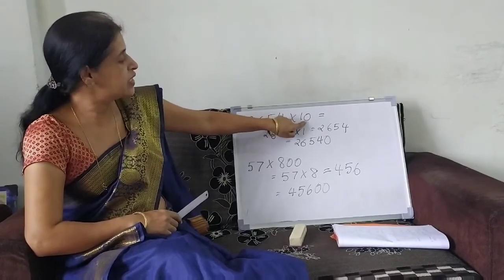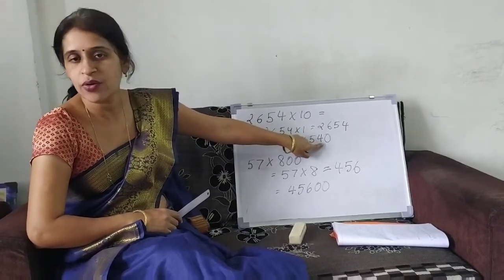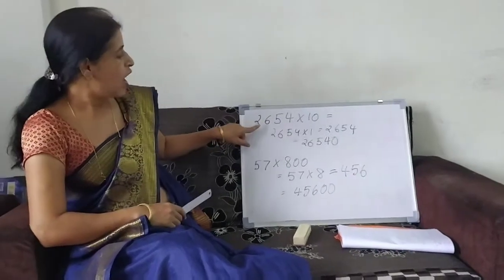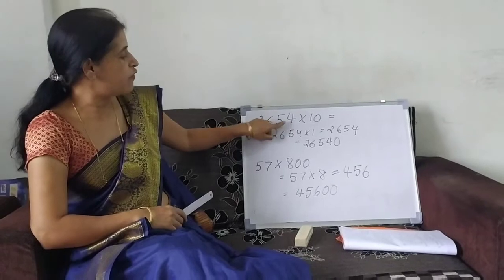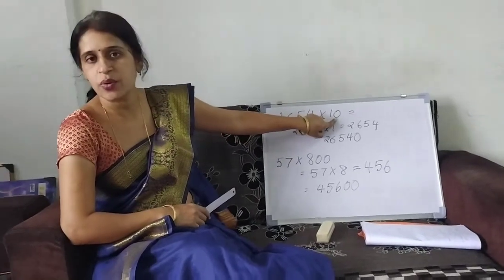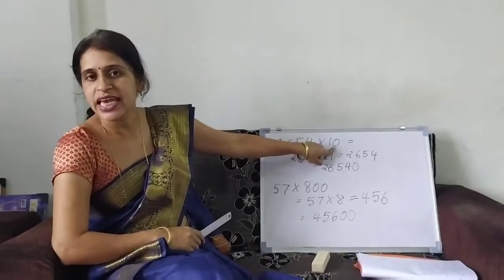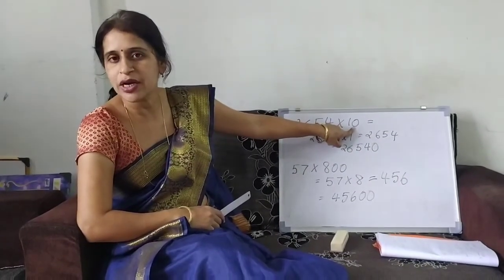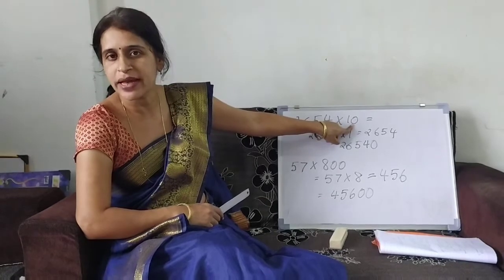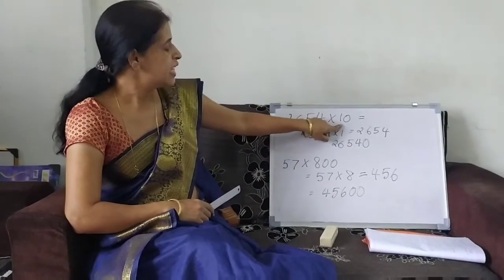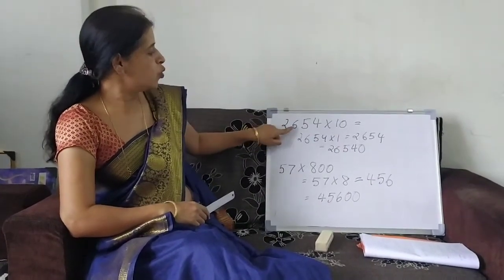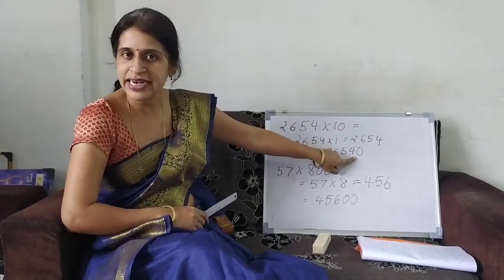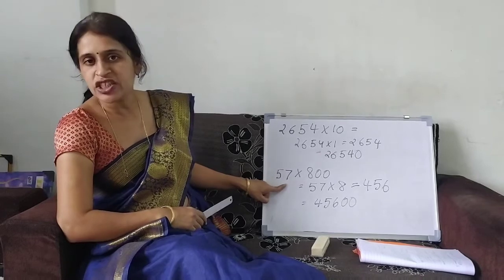And this 0 is there, you can just put a 0 down. Without multiplication, you know your answer is 26540. This is just to save your time. During exam time, you don't waste time in doing those multiplications by column method. Suppose it is by 10, so 2654 and you can put a 0 down. Is it clear?